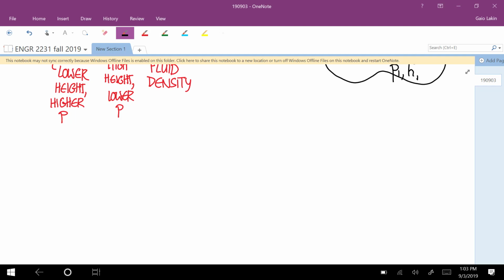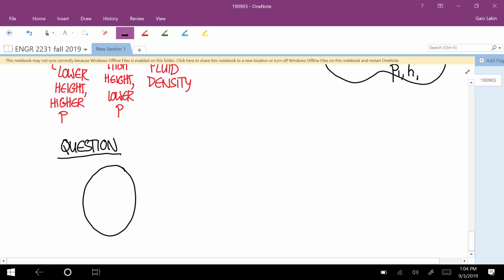Okay, so two questions, just to make sure you understand this idea, because this idea is going to come up from time to time. Say that you have an inner tube in a bike tire. So there's the valve, and there's a pressure P here, and an atmospheric pressure out here.